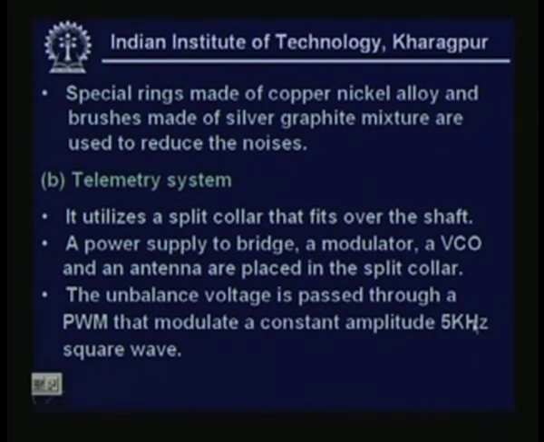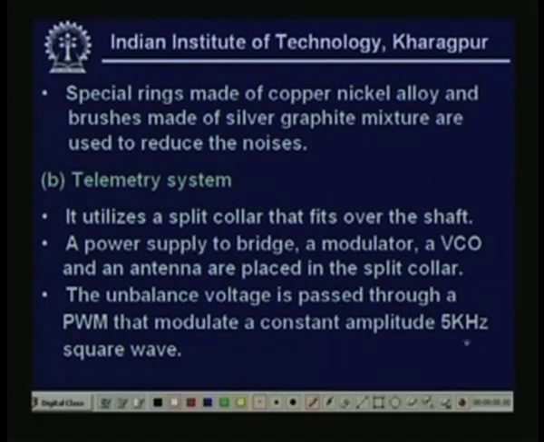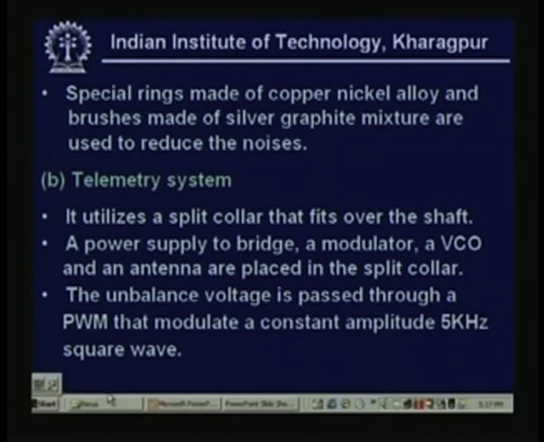The unbalanced voltage is passed through a PWM, pulse width modulator, that modulates a constant amplitude 5 kilohertz square wave. You see, this is a 5 kilohertz square wave. Now, what is this actually? The unbalanced voltage is coming.